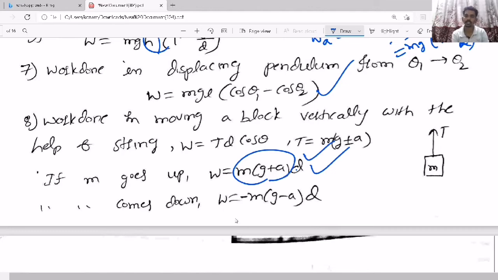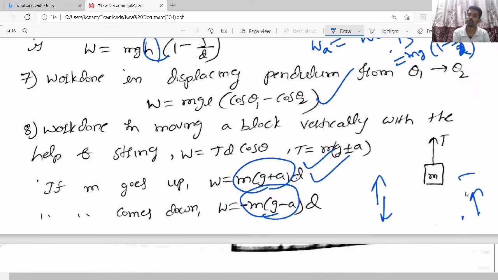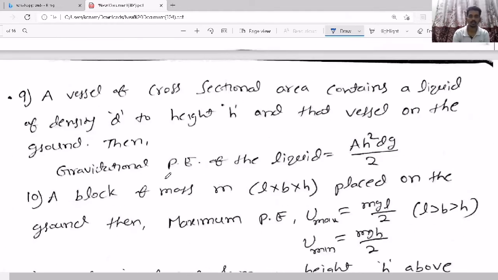If it is going down with some acceleration, then it becomes m into g minus a into d. But here there is a minus sign, because tension is upward and displacement is downward, so while going down it is negative work done. But while going up, tension is upward and displacement is also upward, so the work done is positive. That way you can understand such kinds of questions.